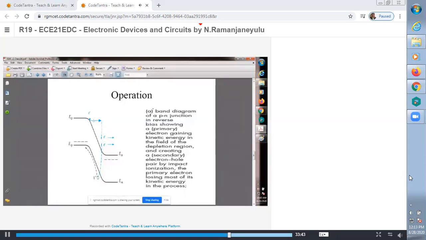Once it breaks the covalent bonds, it generates one hole and one electron, then loses kinetic energy. The generated electron hole pair further generates another electron hole pair. Like that, a huge number of electron hole pairs are generated within the depletion region. Here the avalanche multiplication, or carrier multiplication, takes place.